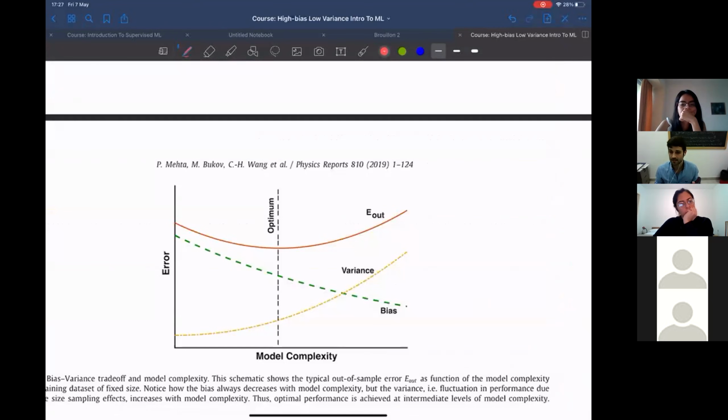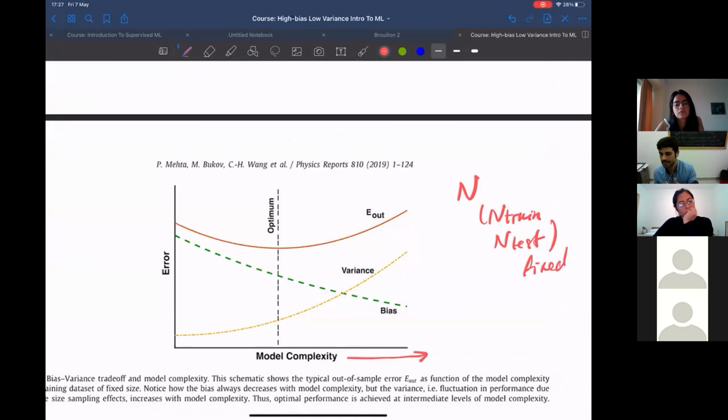We fix the number of data points, and therefore the number of training samples and test samples are fixed. But here, what we vary along the x-axis is the richness of the hypothesis class, okay? And again, we plot the test error in red.